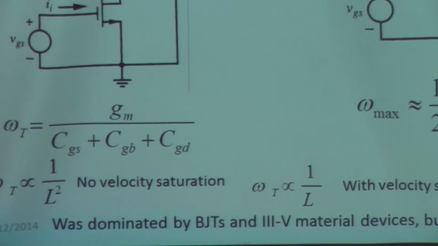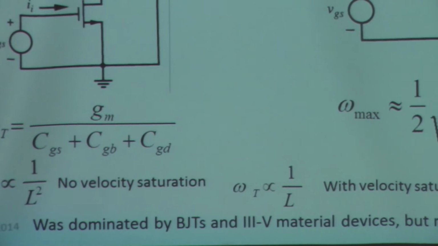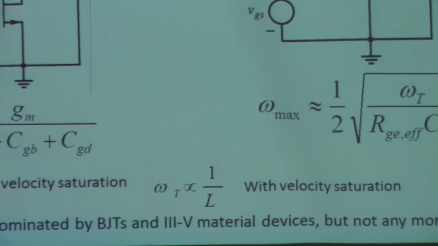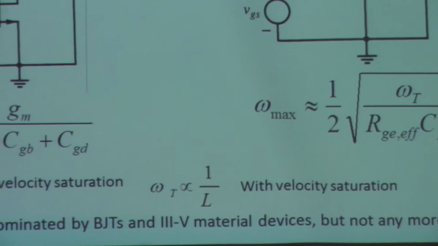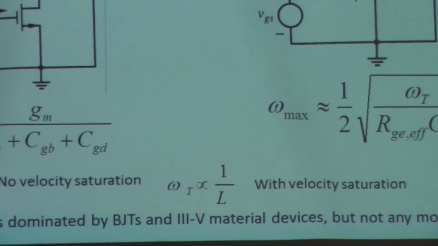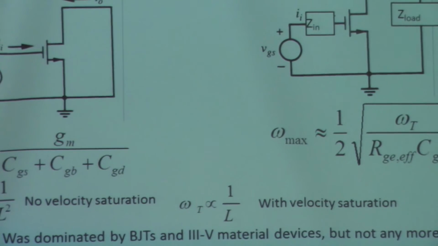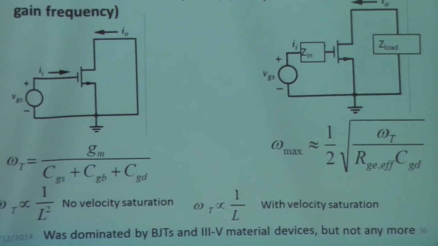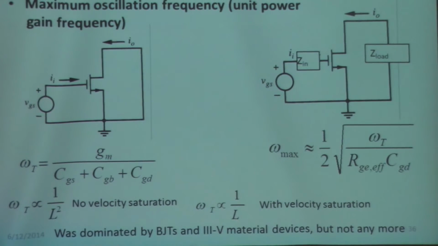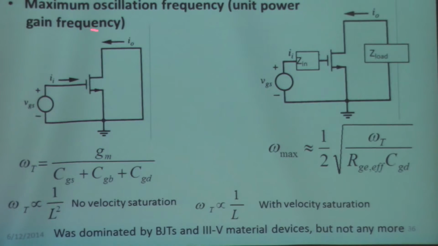So that's why shrinking the gate of your transistor is so important, right? You make your transistor work faster. Basically, you can think of it like you make your electrons go through a shorter distance. Okay? That's the first, cutoff frequency. Just keep that in mind.